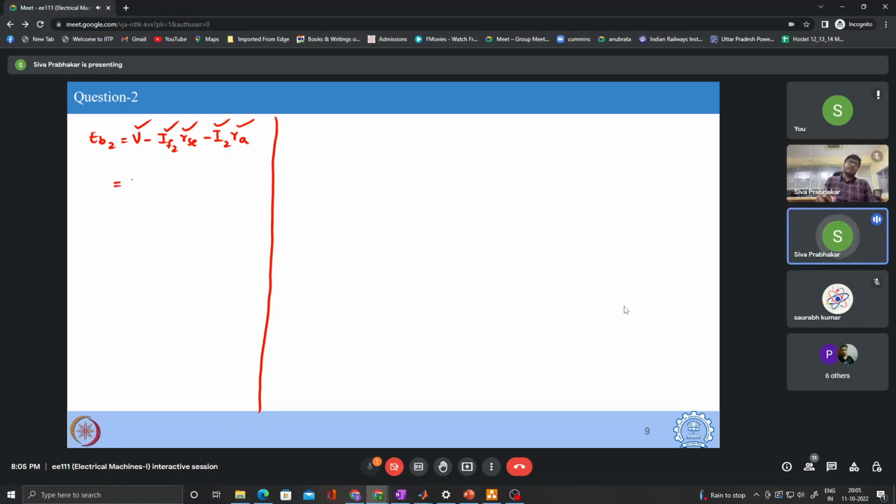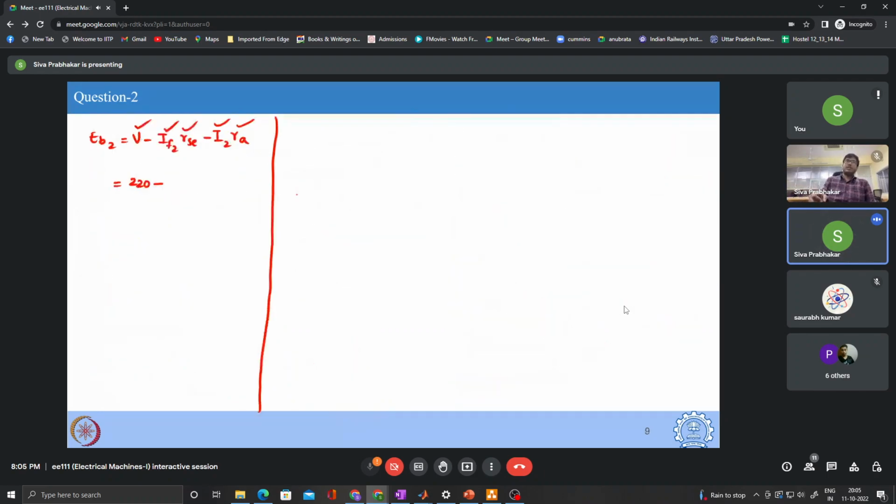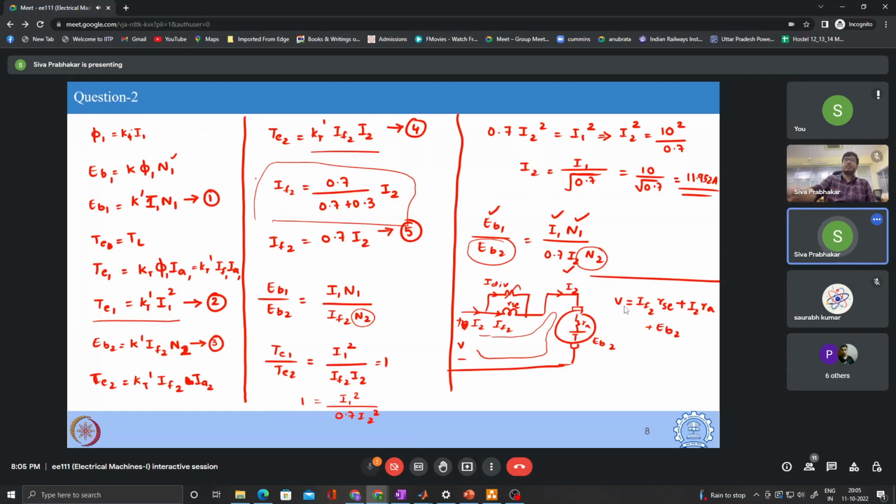So we can just simply substitute it to be 220 minus IF2, which we need to find out. IF2 is 0.7 times I2. It is 0.7 into whatever we got, it is 11.952, into RSC, which is 0.3, right?